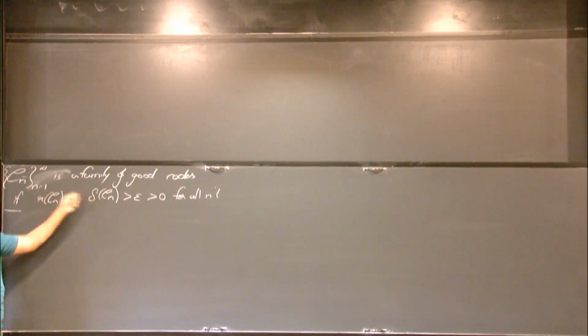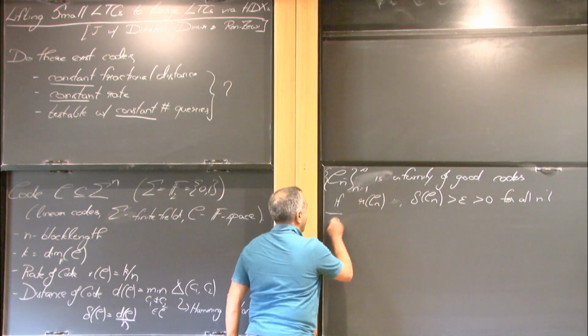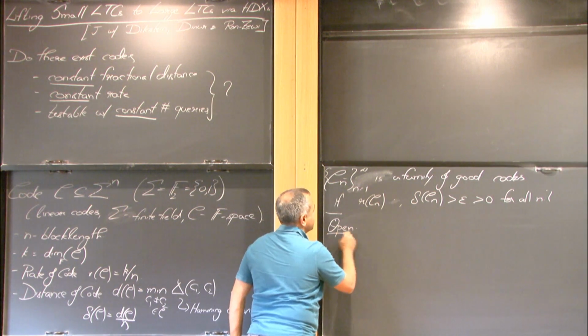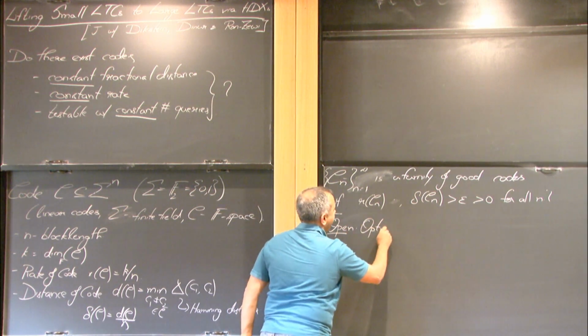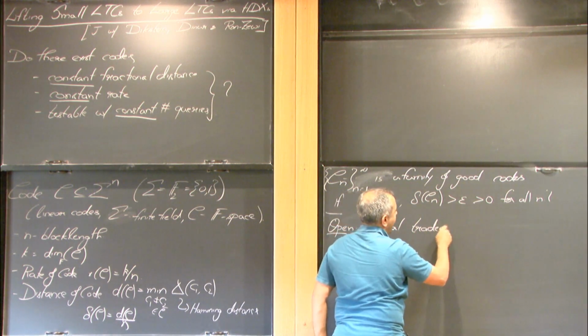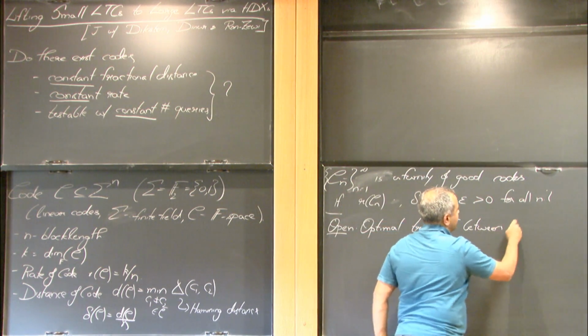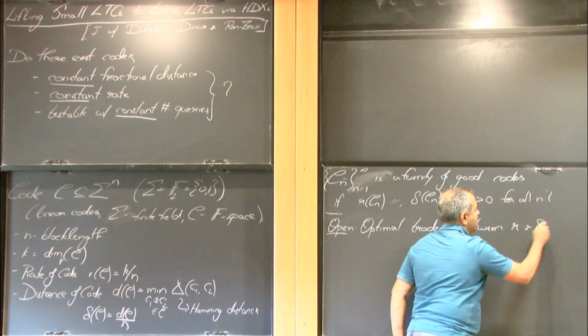It's still open what the right trade-off is between these two parameters. Given a particular delta, what's the R? This is open for every alphabet. We don't know the optimal trade-off between R and delta.